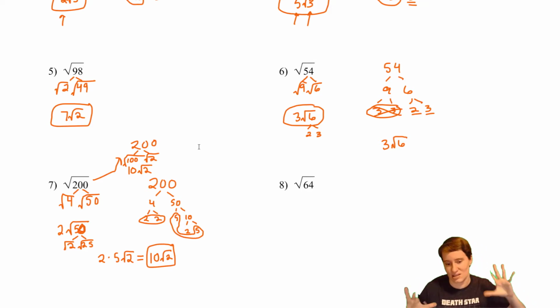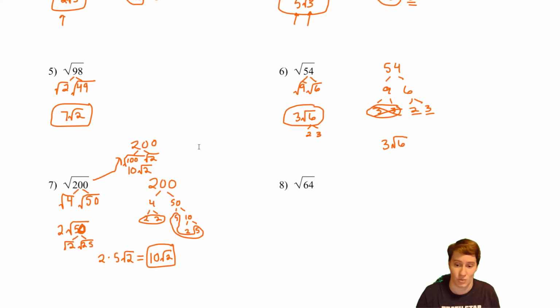So that's the idea: if you can think of the biggest perfect square that's in it, that's going to get you the answer the fastest. The next best thing is to either make a factor tree or just to do any perfect square you can think of, and then check what's inside to see if it can simplify further.